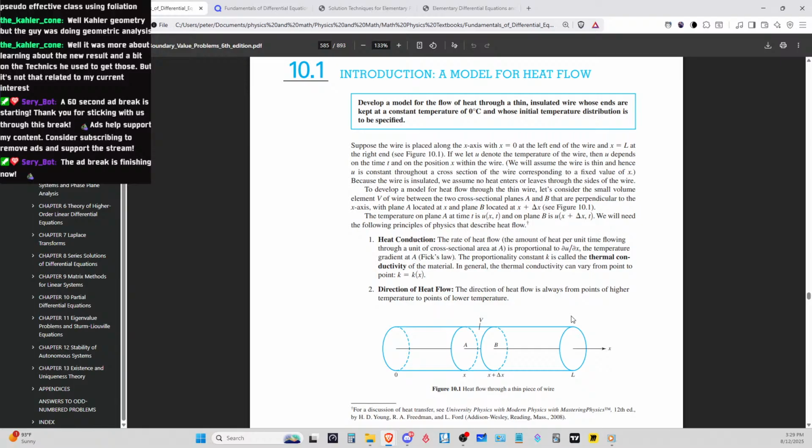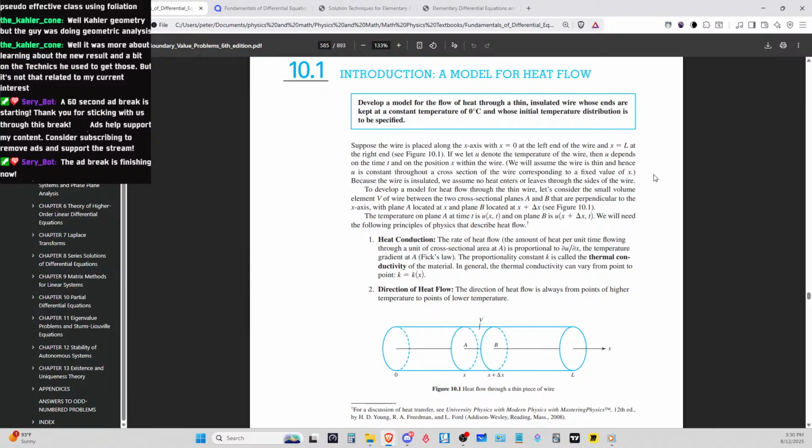So we have 0, and then we have x, and then x plus delta x, and L. If you let U denote the temperature of the wire, then U depends on time and on the position x within the wire. That's about self-explanatory.